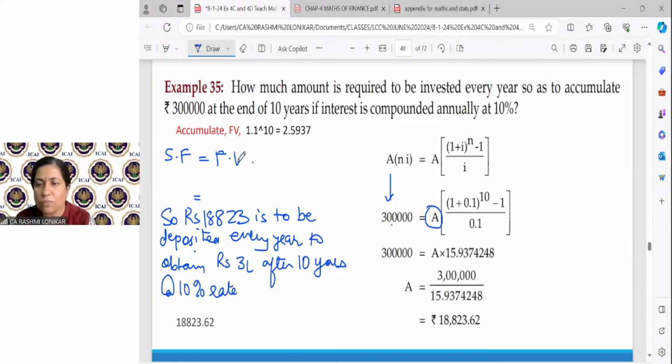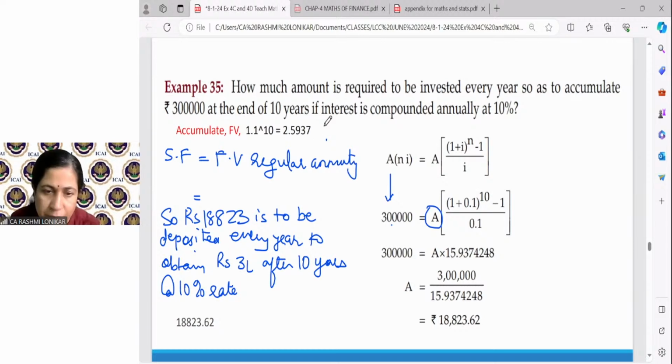And yes, this is the future value for a regular annuity. Okay. Yeah, very good.